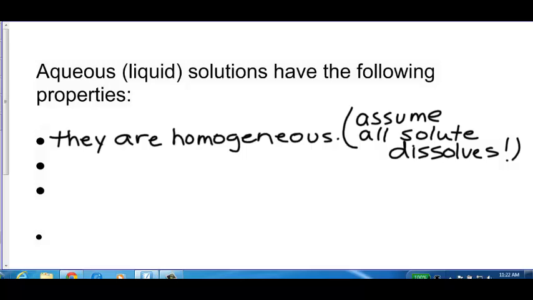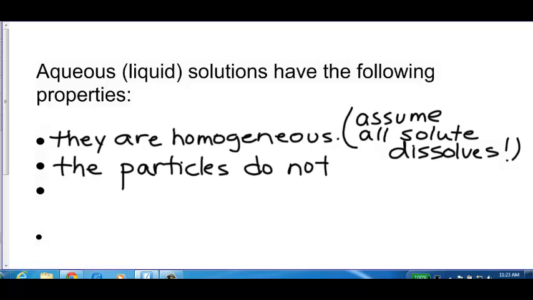Chocolate milk, you're not talking about all that leftover chocolate at the bottom of the container. You're assuming it all dissolves. That's very important. The parts do not settle out upon stirring.